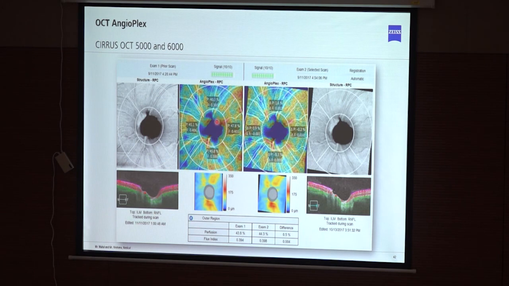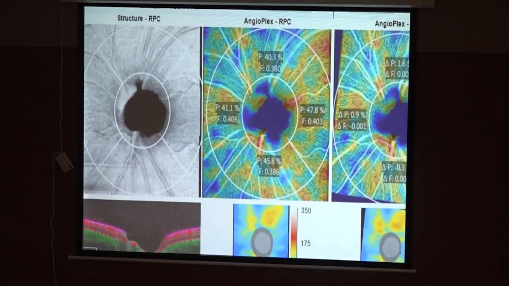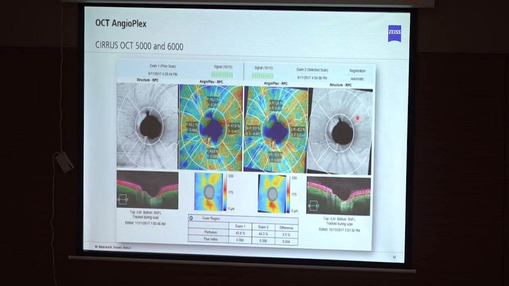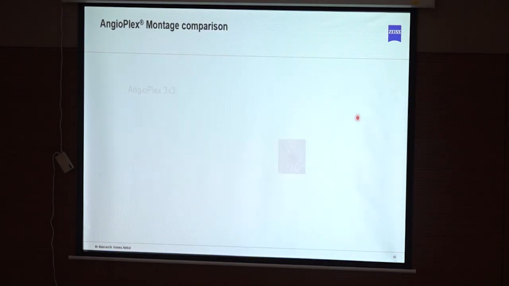We will compare the first visit and the second visit of the patient. At the first one, we have 41.1, and here it shows the difference between the first and the second. That was 0.9%. That means there is less perfusion, less blood is coming to that particular area. That means the glaucoma was increasing.